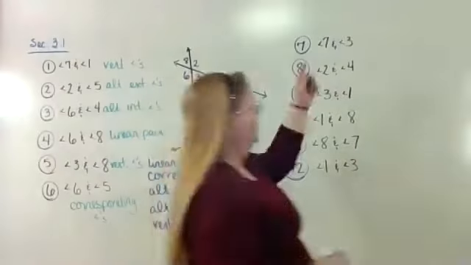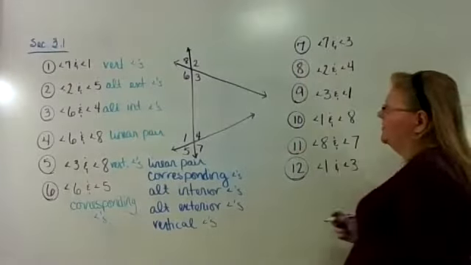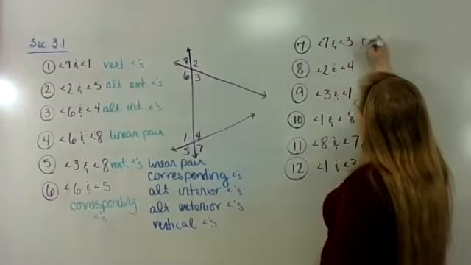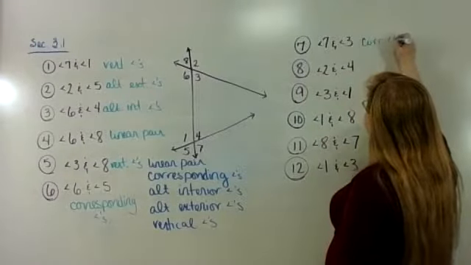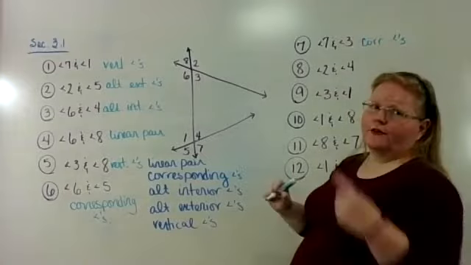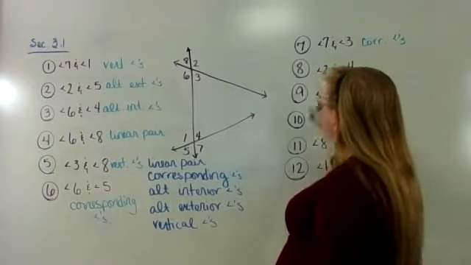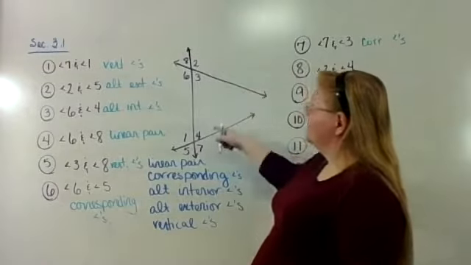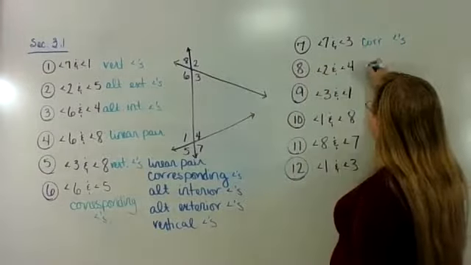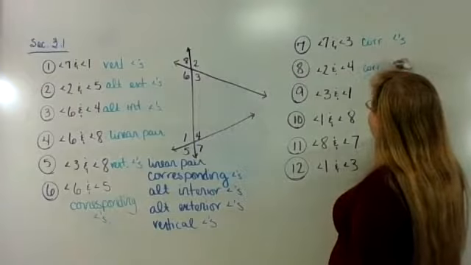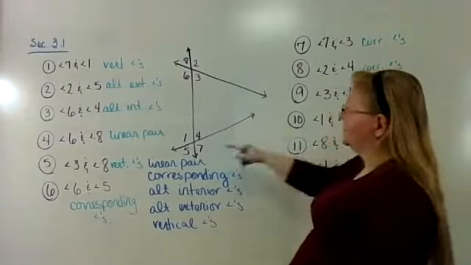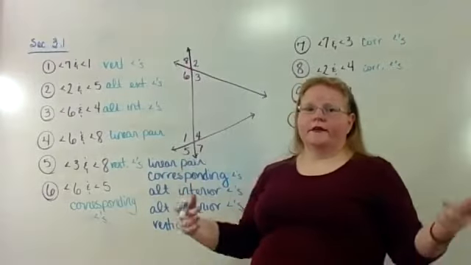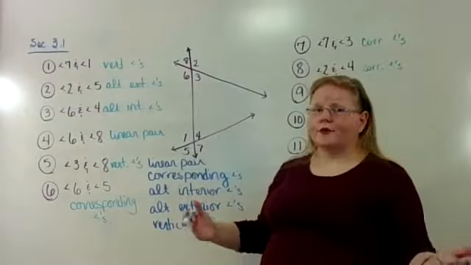Number 7 is angle 7 and angle 3, once again corresponding. Told you, I abbreviate when I can. Number 8 is angle 2 and angle 4, corresponding. We switch these numbers around all the time, so you can't just memorize that angle 2 and angle 4 are always going to be corresponding.